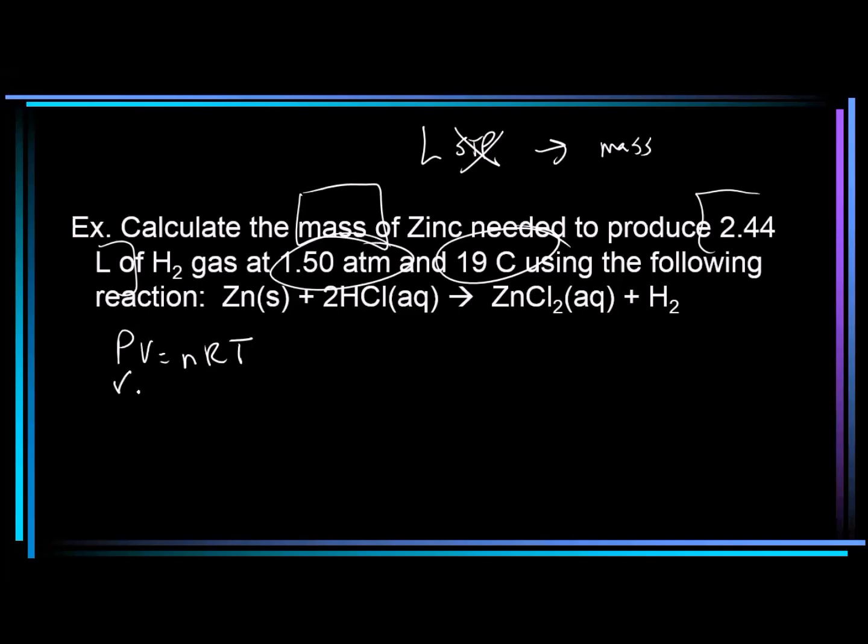Do they give me the pressure of this gas? Do they give me the volume of the gas? Do they give me the temperature of the gas? Then I can use R to solve for N. So let's do it. What is R and N? Oh yeah, what about N?